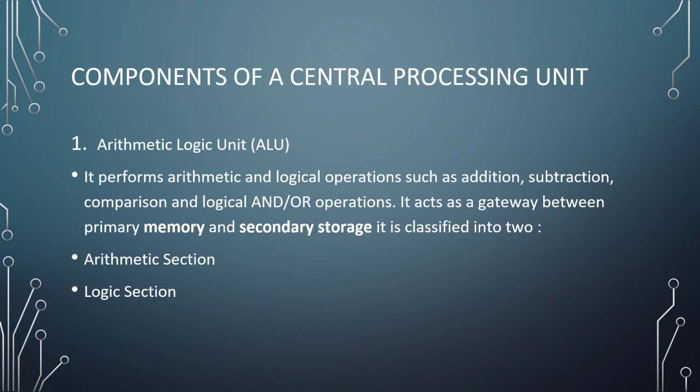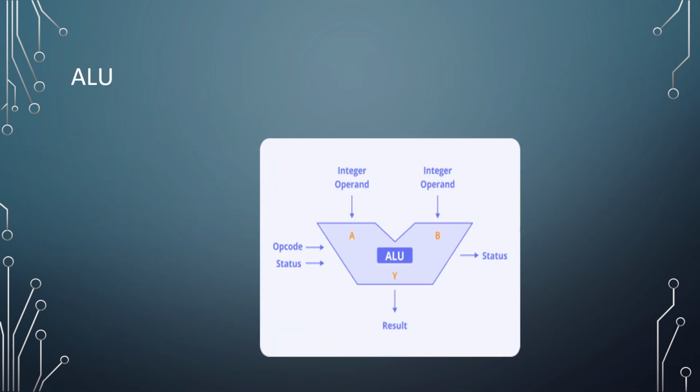It performs arithmetic and logical operations such as addition, subtraction, comparisons, and logical operations like AND and OR. It acts as a gateway between the primary memory and the secondary storage. It is classified into two: the arithmetic section and the logic section. This is an example of how the ALU looks in the diagram.